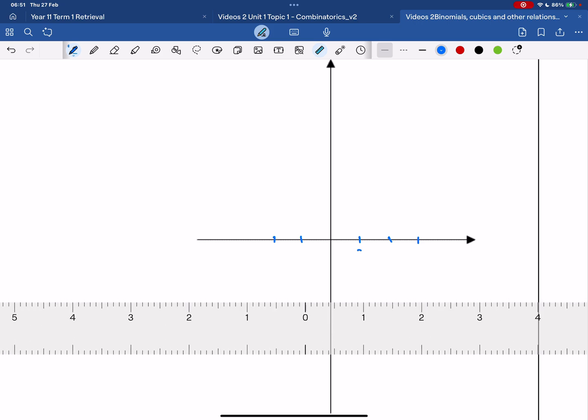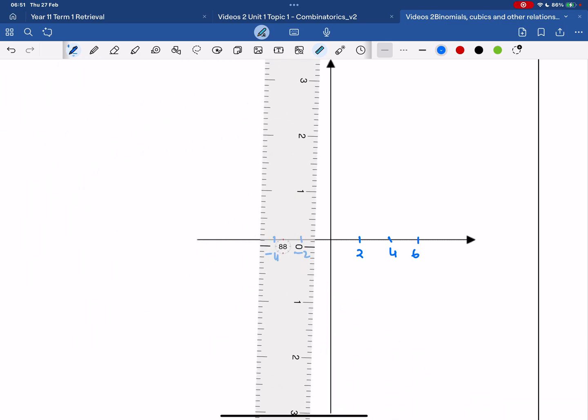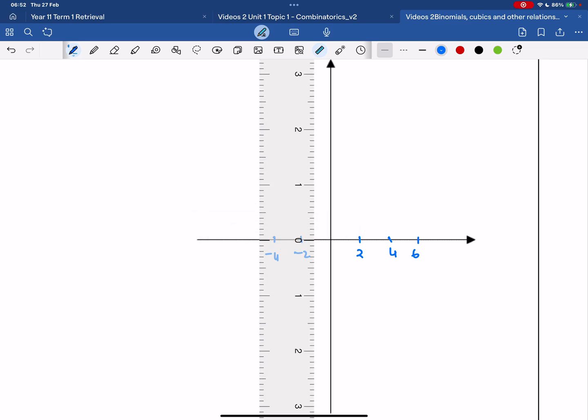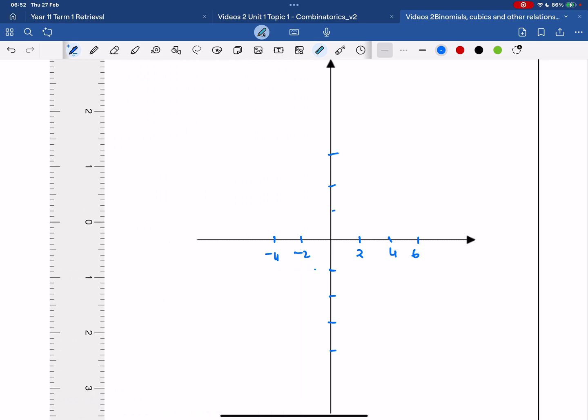So there's 2, 4, 6, negative 2, negative 4. Now it's really hard to scale your y-axis with a negative 30. Possibly going down in tens could work here. So 10, 20, 30.